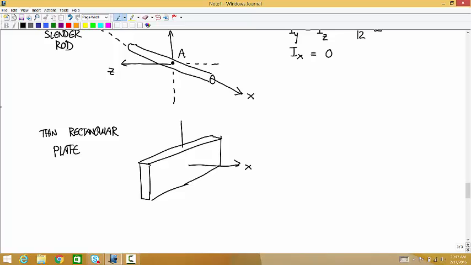The y-axis is that way. The z-axis is straight out of the front. And so the about point is right in the center.